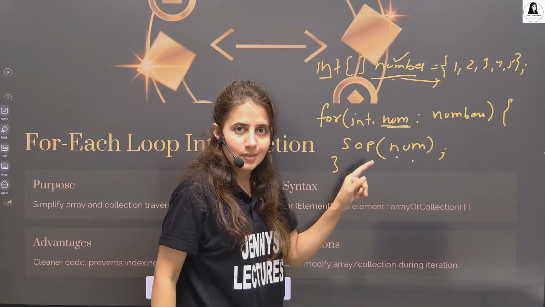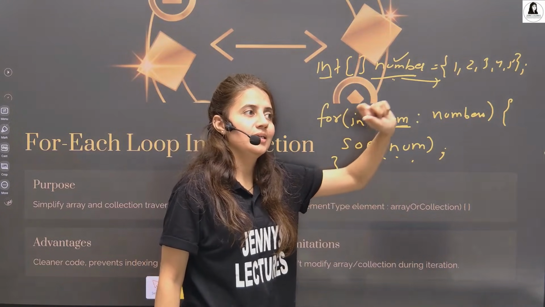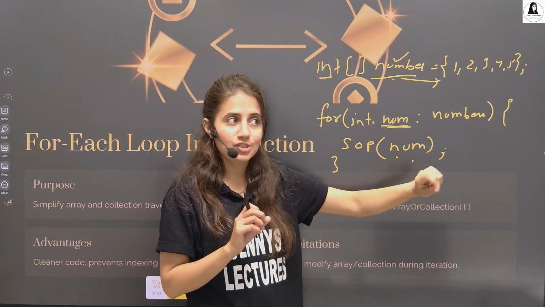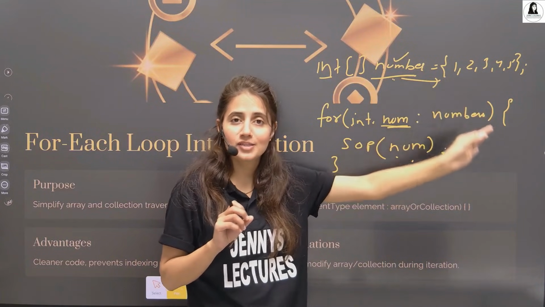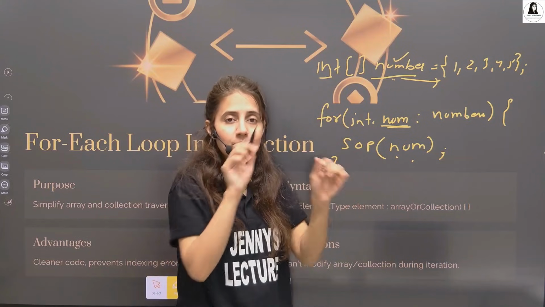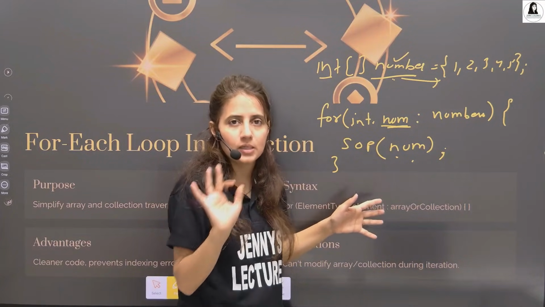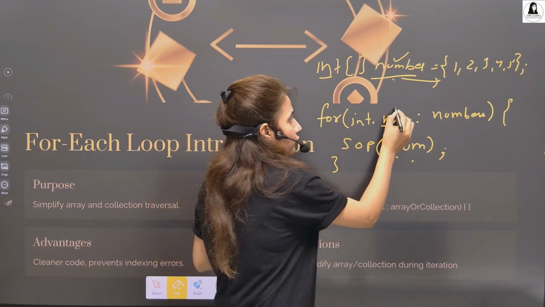Now see, in the traditional for you have to initialize the counter variable, then put a termination condition, then update with I plus plus or I minus minus. And then you write the name of the array and in the subscript the variable you take, whatever variable, that's I or num or anything. Here you can take I also.